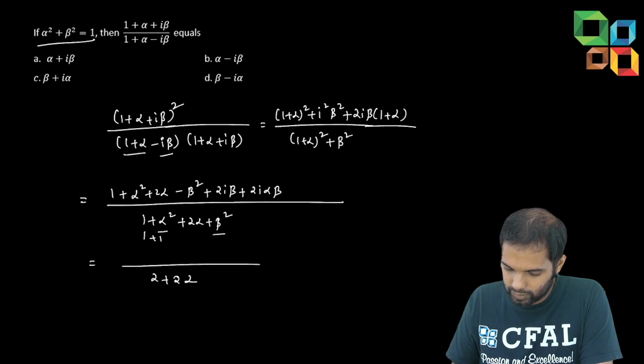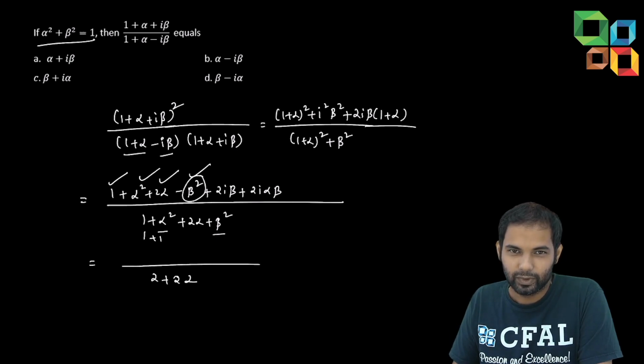Numerator, constant terms we don't have. We have 1. We have α square, β square. We have 2α. And we have the rest of the terms with the imaginary. Okay. So we can write it either in terms of α or β, because we know what β square is. So we'll try to write it in terms of α square. Why?